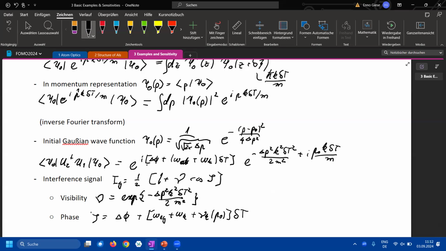And what you observe here is that you actually have the energy difference, not only the internal energy difference, but also the kinetic energy difference between both arms for this little period of time delta T that is asymmetric. So you measure here a clock phase plus a kinetic phase, which depends on the recoil by this delta T.